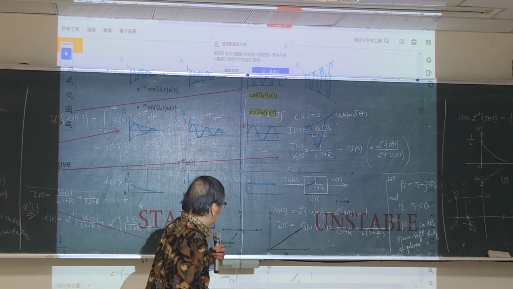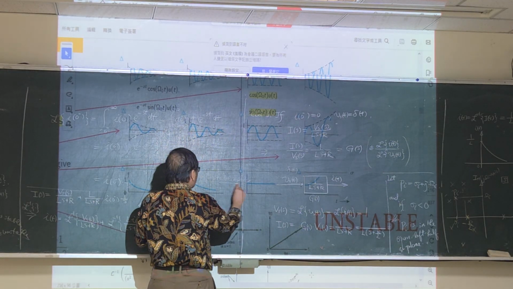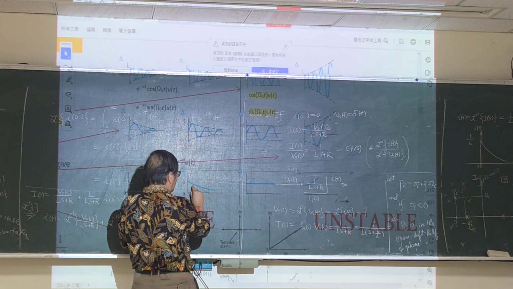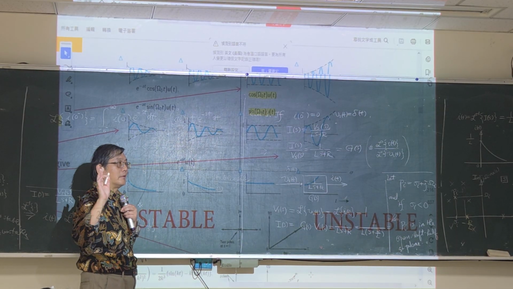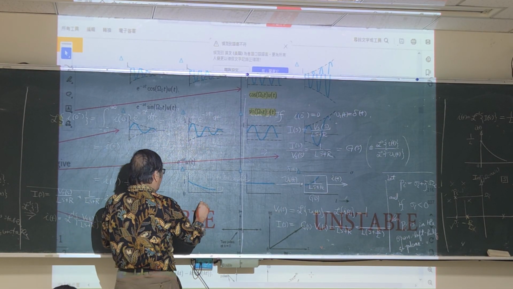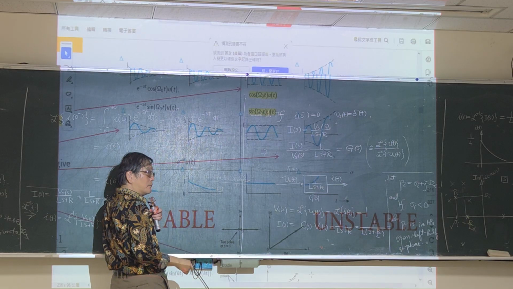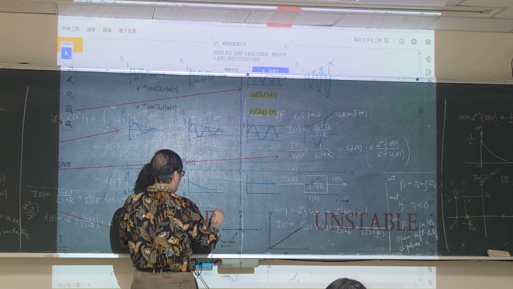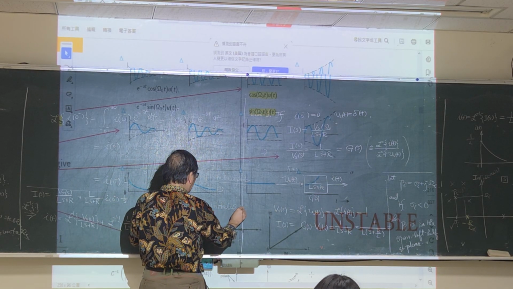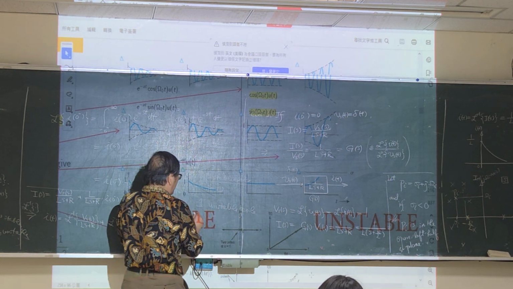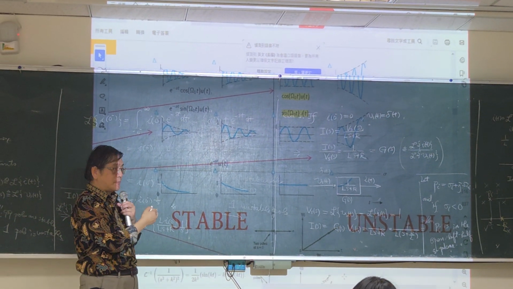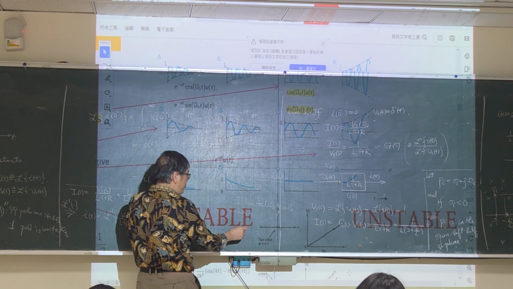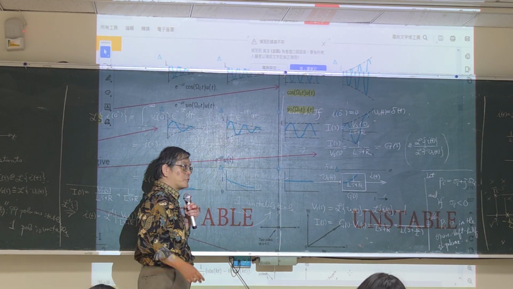The 99 poles, their corresponding functions go to 0. We know that. But one of them is unstable, one unstable pole. Now this unstable pole, what happens to the corresponding function? It's going to grow without bound eventually.